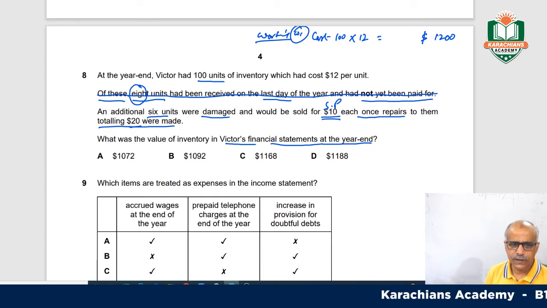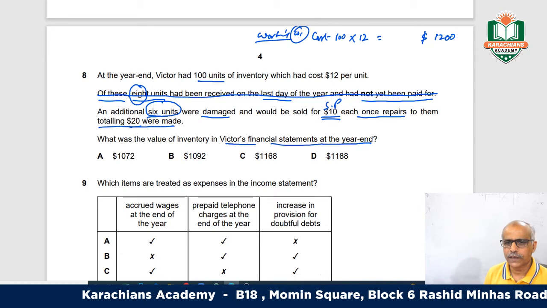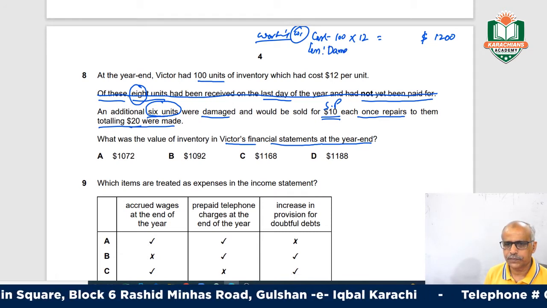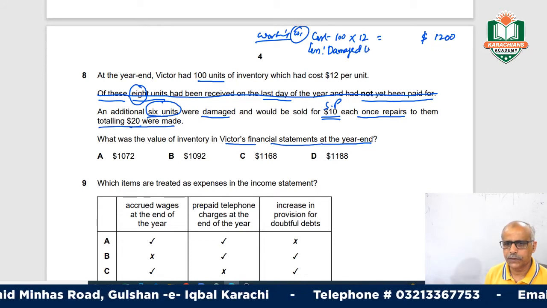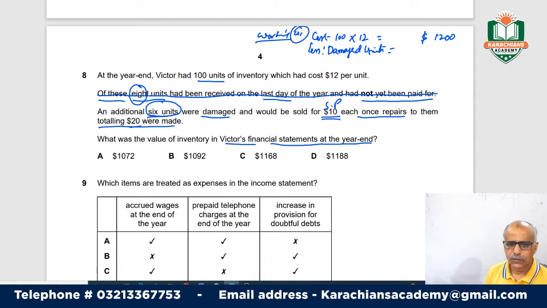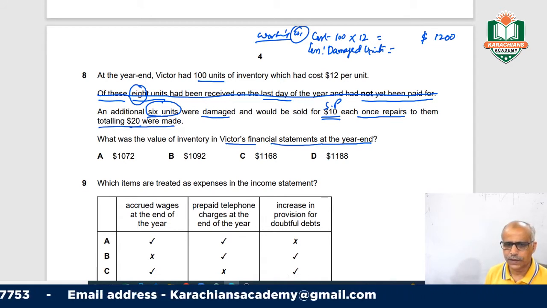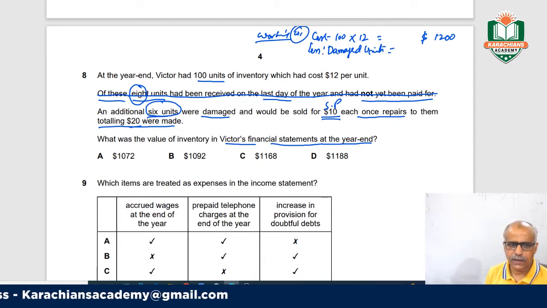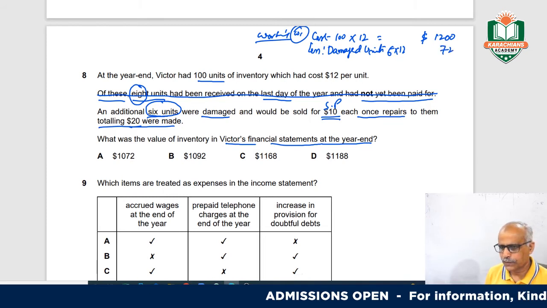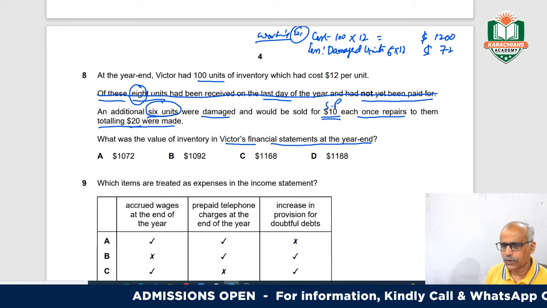Out of this, these 6 units are damaged. Then you should deduct them. Damaged units, we will treat them separately. So how much is the cost of damaged units? Damaged units are 6. So this will be 6 into 12, the per unit cost. So $72 you have to deduct.